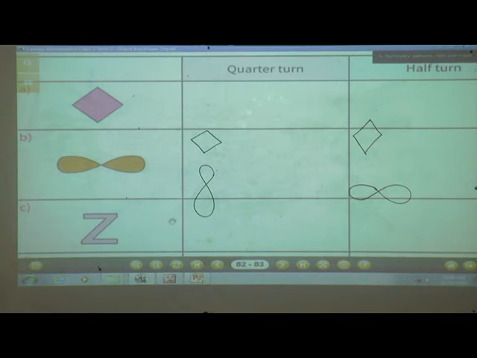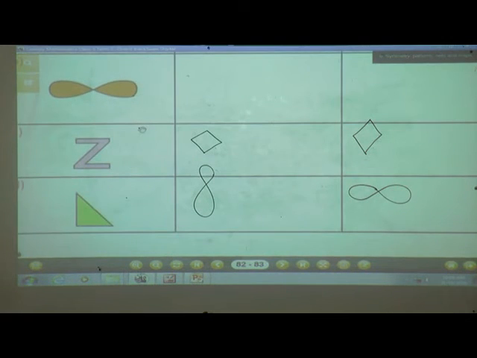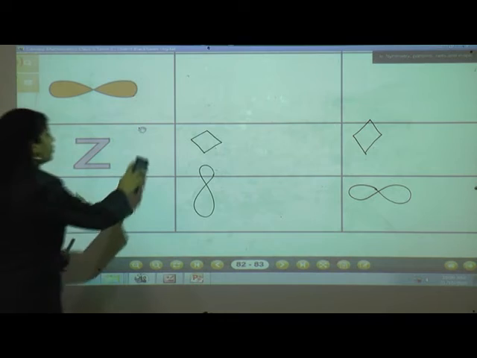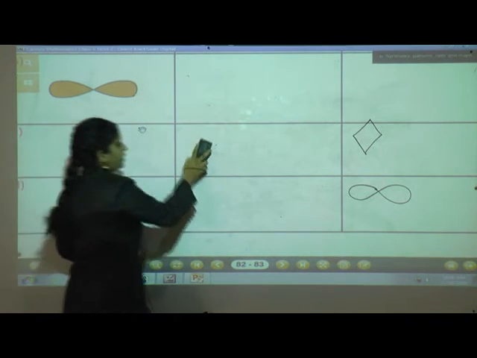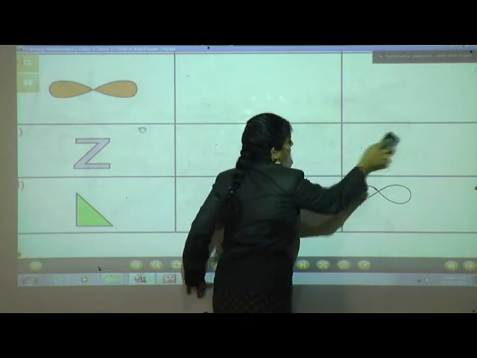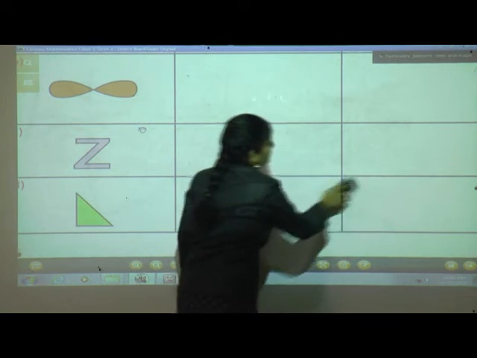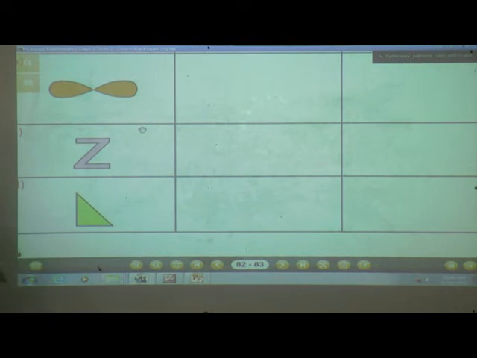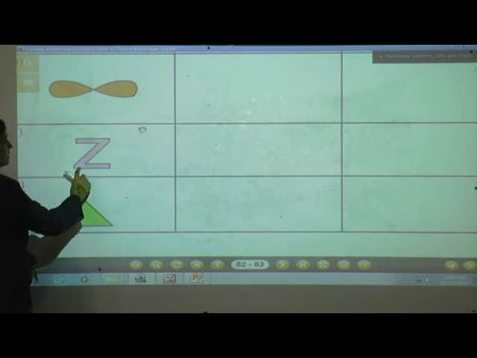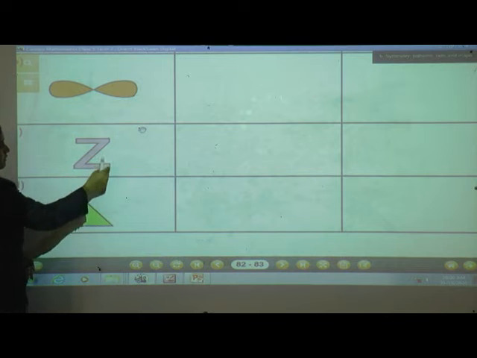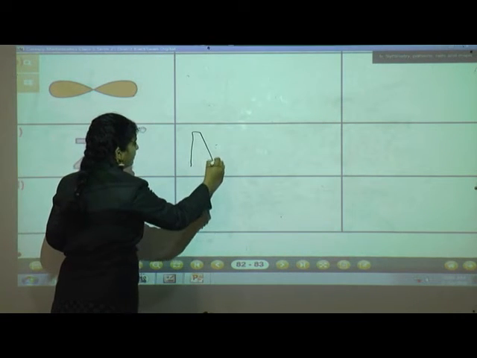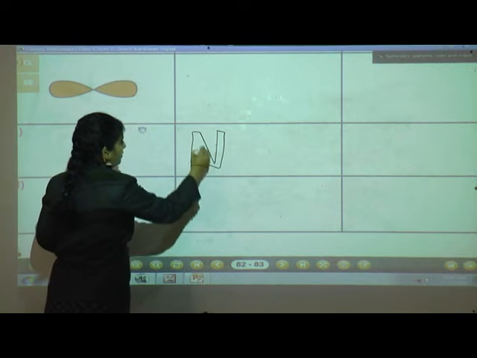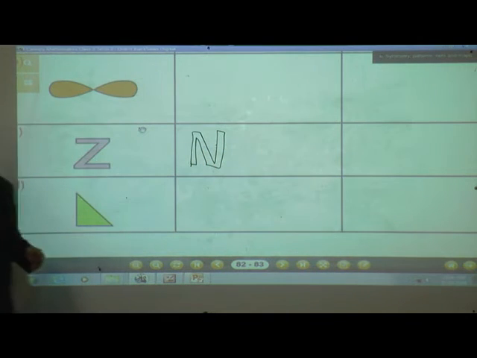Okay, now here C1, quarter turn. So imagine the figure after a quarter turn, and tell me the answer. Quarter turn, that means this side will go up, this side will come here, so that's why it will look like N, isn't it?